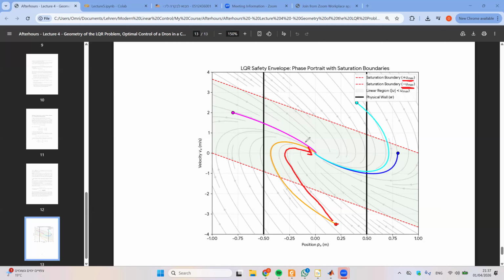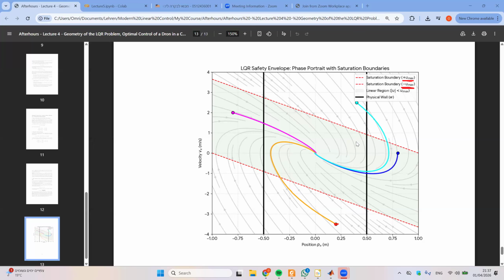And yes, even going along this orange route, which clearly, as we enter this safe region, coincides with the optimal route, it's still enough to make us not hit the wall.